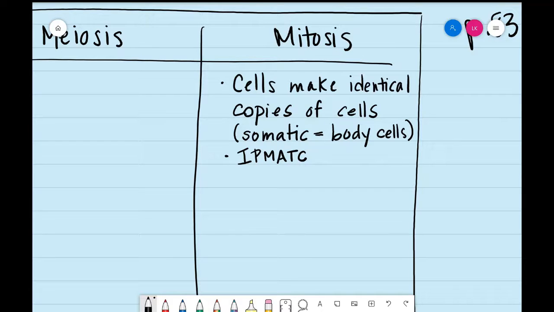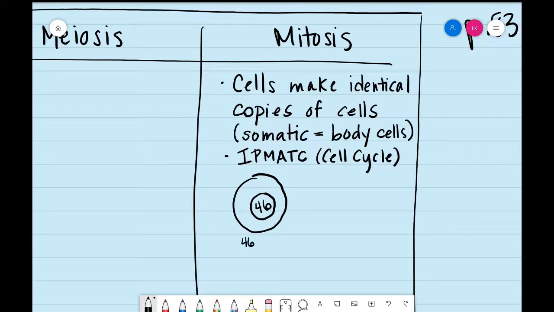So those are our steps. That's basically the cell cycle. These are designed for cells that start off with 46 chromosomes, meaning 46 of these.